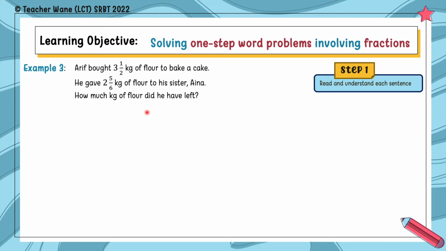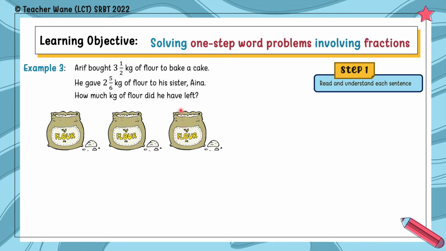Okay, so let's imagine Arif. This is the total kilogram of flour that he bought for him to bake a cake. He gave 5 out of 6 kilogram of flour to his sister. How much kilogram of flour did he have left?